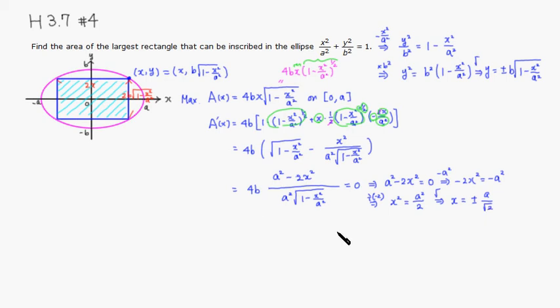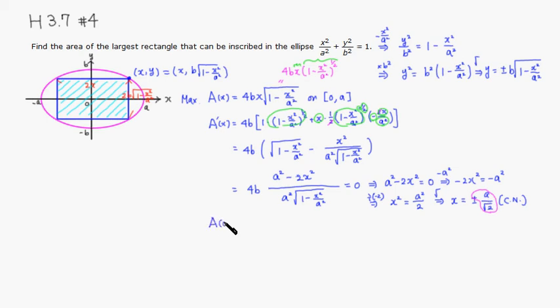So we have a critical number here. Since x only goes from 0 to a, we only consider the positive one. Then we want to make sure that this actually gives the maximum. Since you have endpoints and a critical number, check all of them.